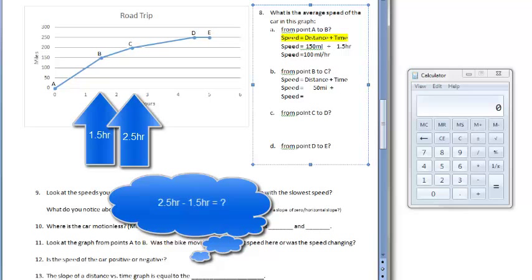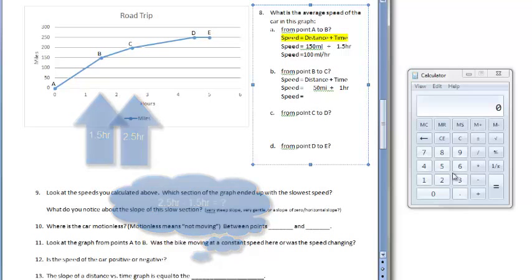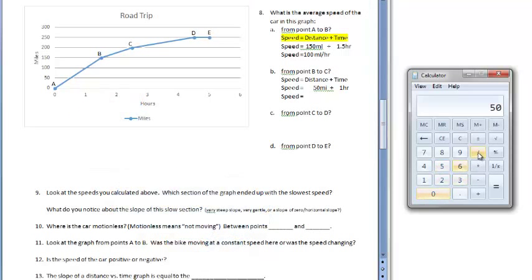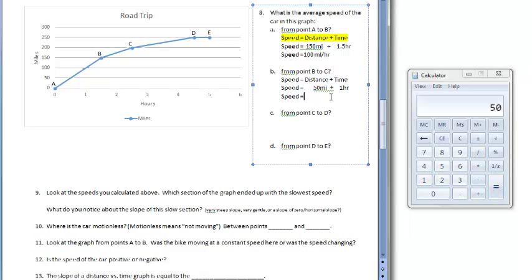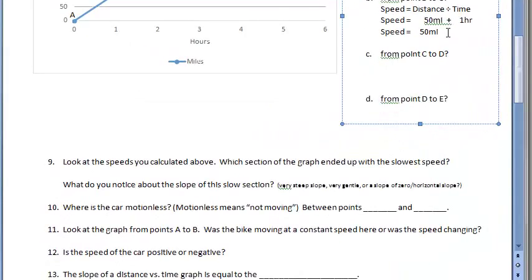That will tell you the difference between the time at point C and the time at point B. You should have ended up with 1 hour. When we divide 50 divided by 1, you just end up with 50. Anytime you divide anything by 1, you end up with the original number. Please make sure to add the units at the end, miles per hour.